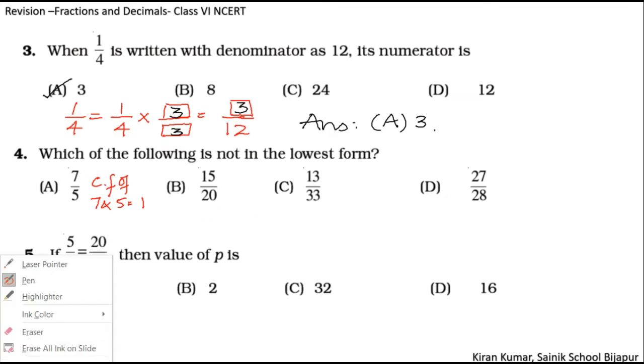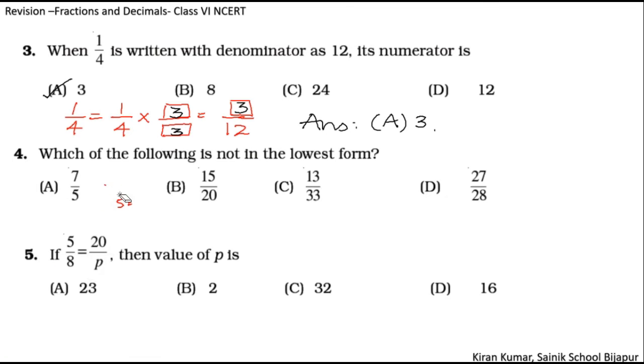So let me mention it separately here as options. In A, the common factor of 7 and 5 is 1. In option B, the common factor of 15 and 20 is 5.